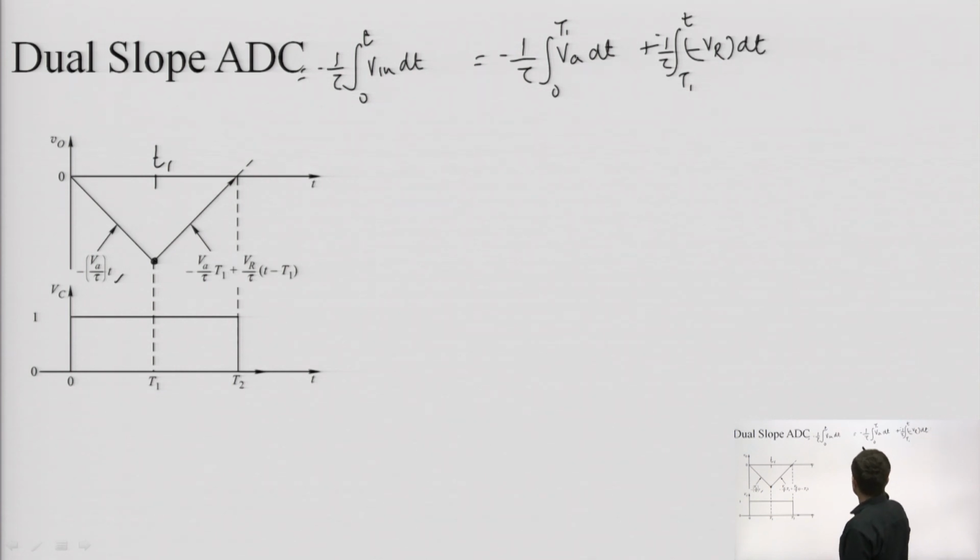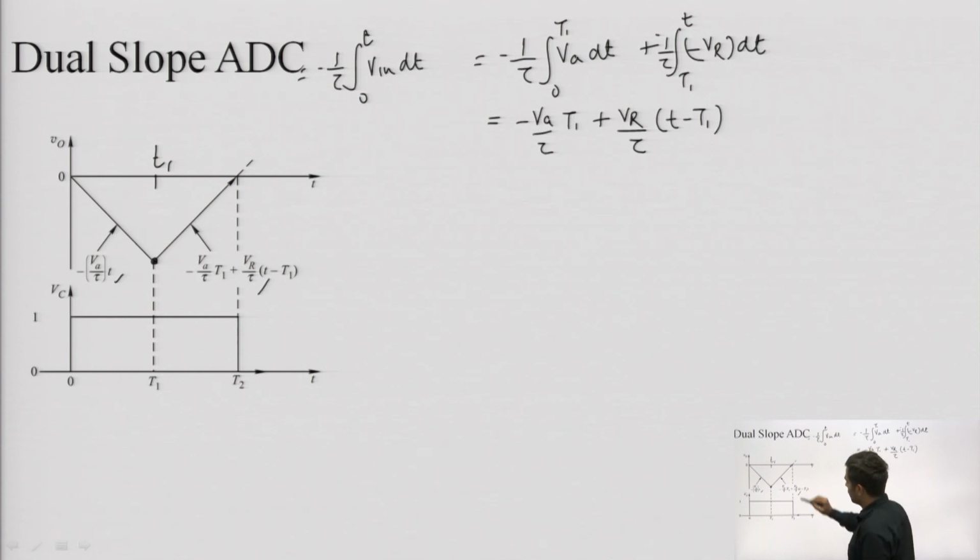So the final output will be minus VA by tau t1 plus VR by tau into t minus t1, which is shown here as well.